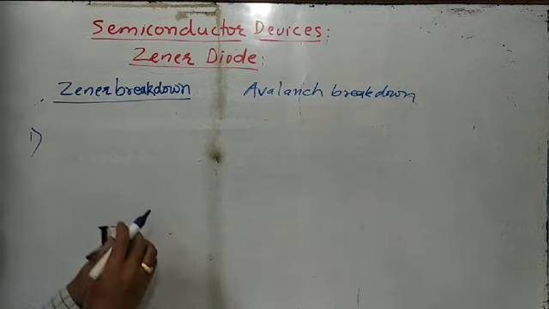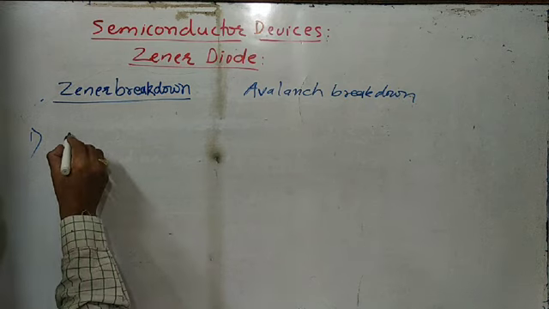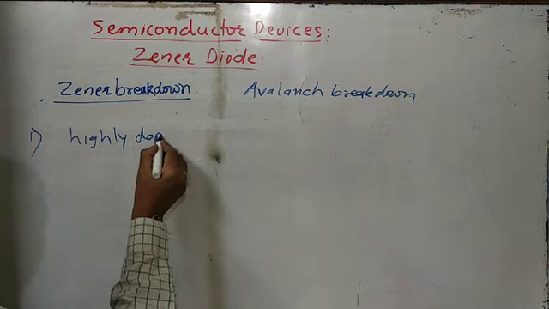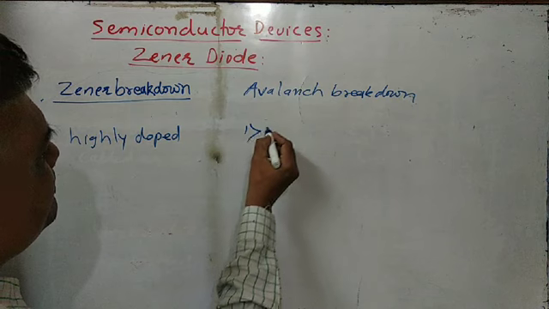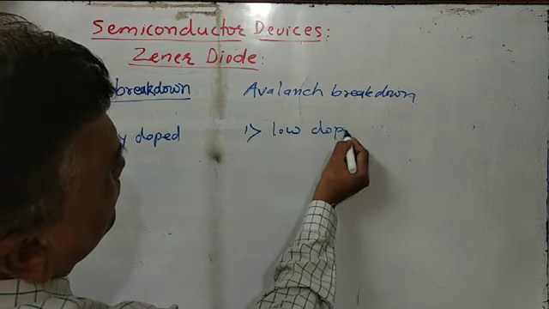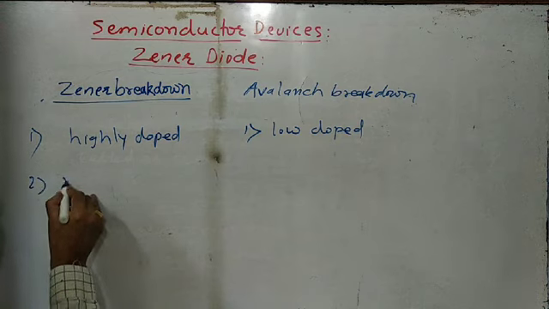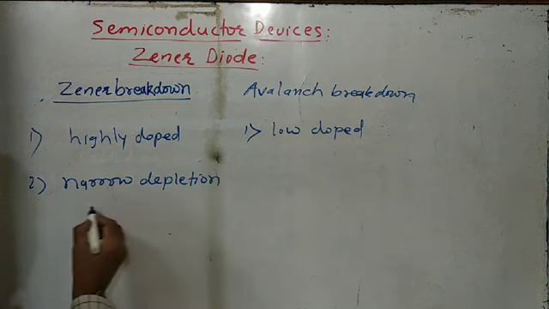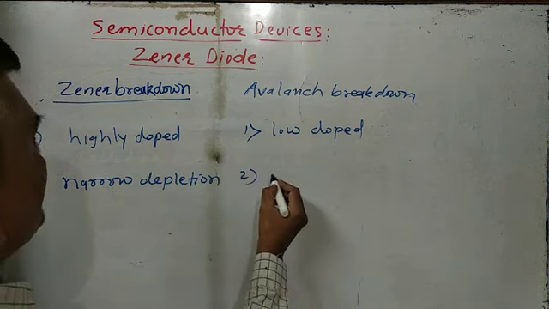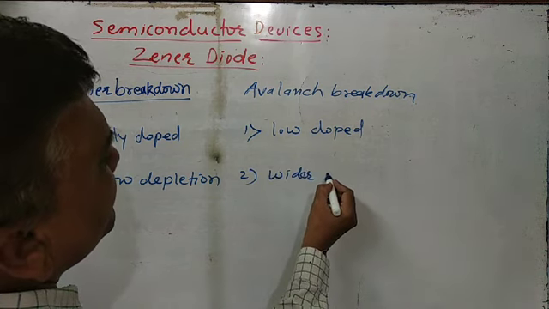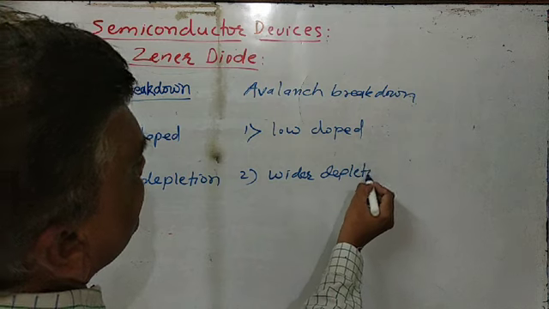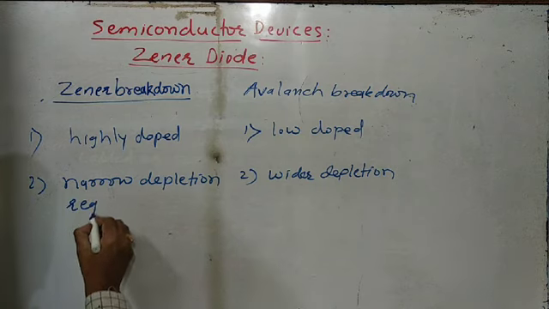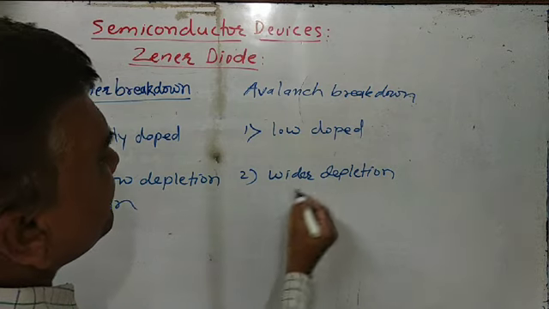Zener breakdown takes place in highly doped diodes, and avalanche breakdown takes place in low doped diodes. Number two, Zener breakdown has a narrow depletion region, while avalanche breakdown has a wider depletion region.